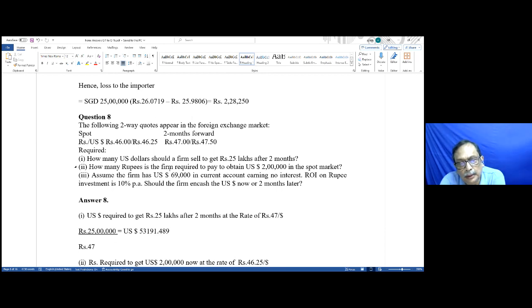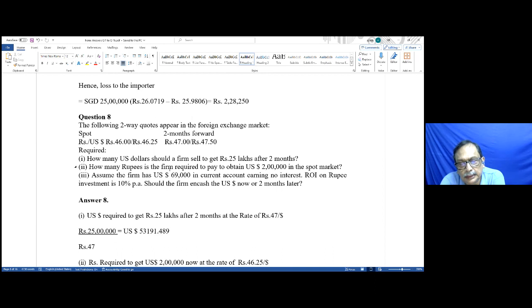Now, the first requirement of the question is how many US dollars should a firm sell to get rupees 25 lakhs after 2 months? How many rupees is the firm required to pay to obtain US dollar 2 lakhs in the spot market?